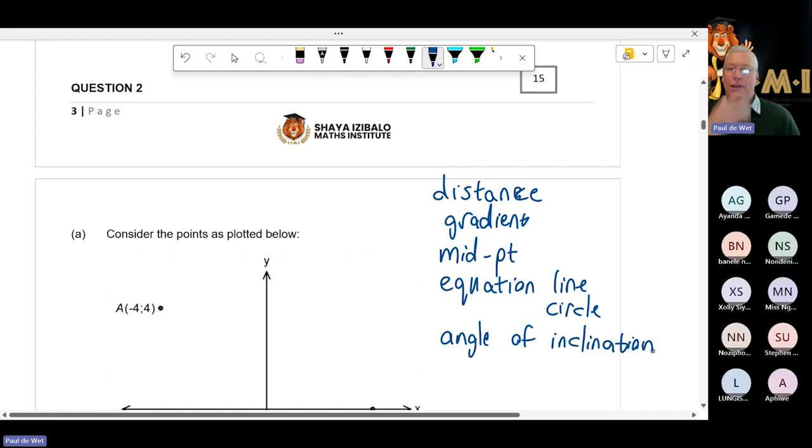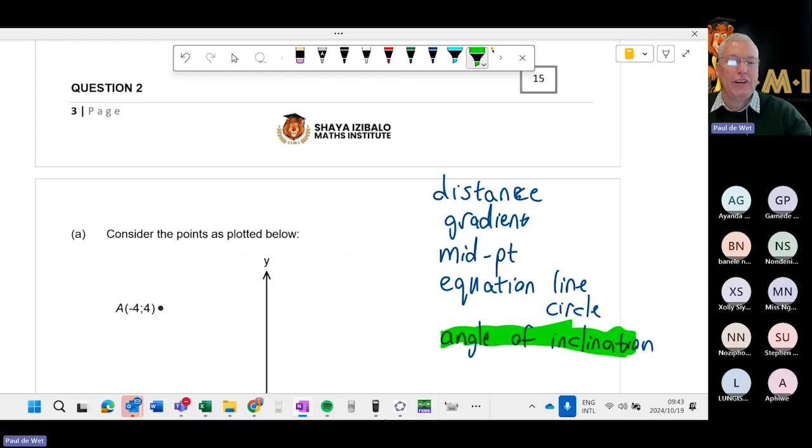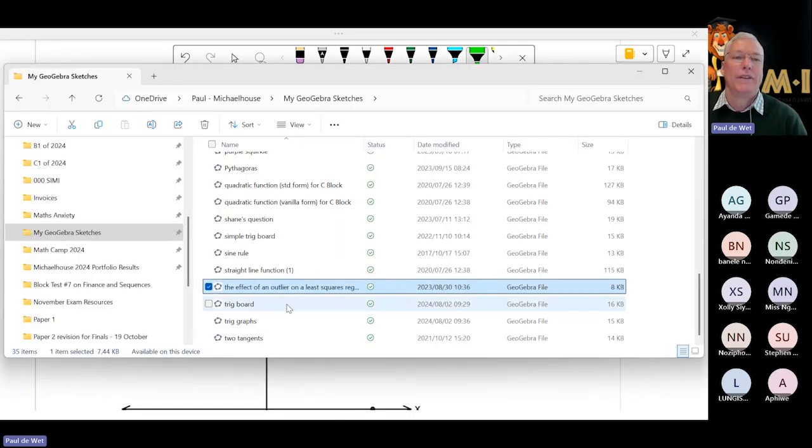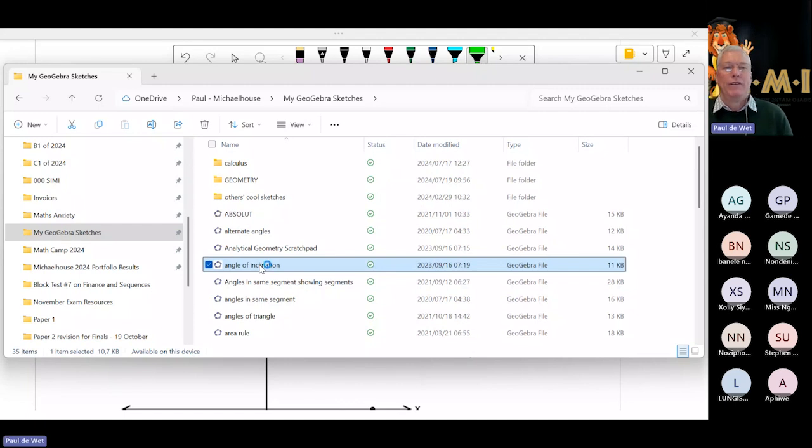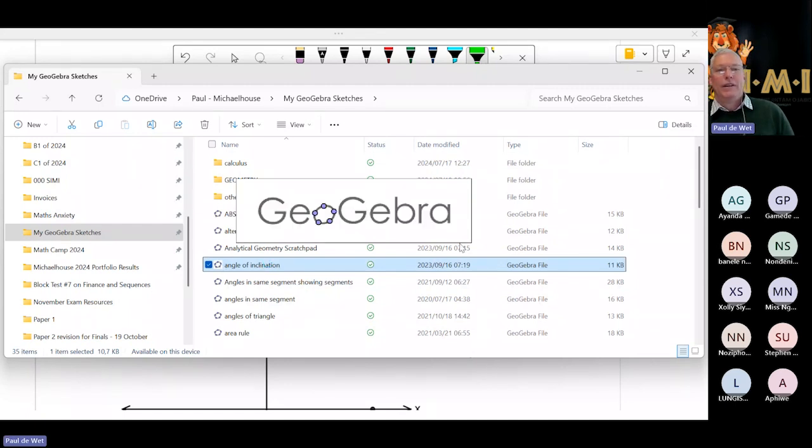Okay, I want us to start off by talking about this. I'm going to find a sketch and I want you all to take your calculators out. I want to find this sketch over here.